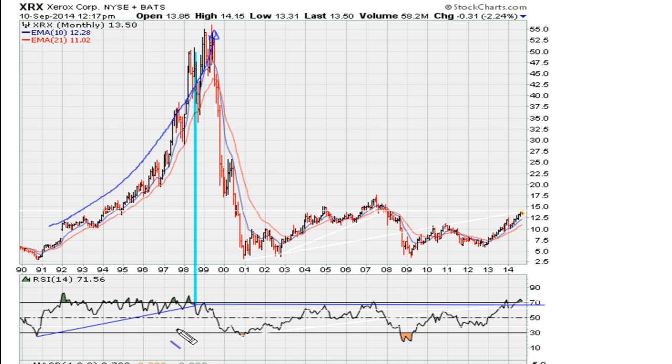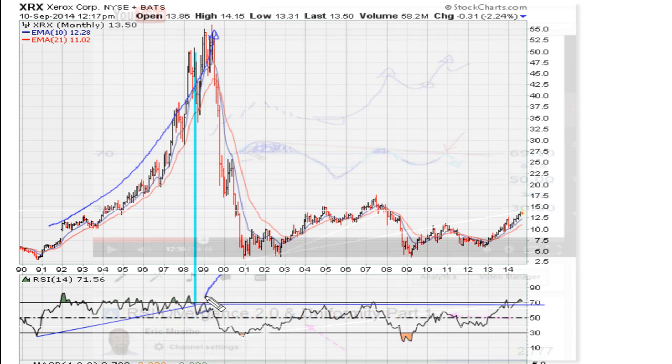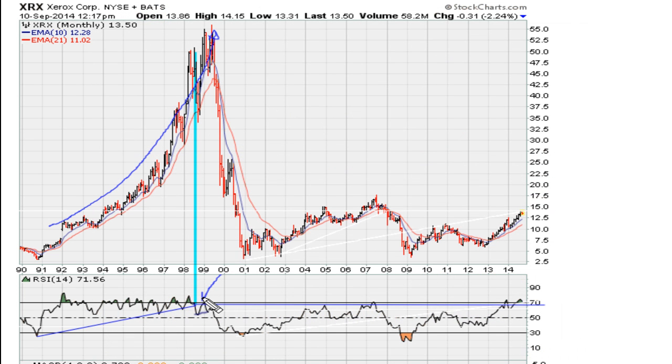Because now if you use uniformity, and I have lots of videos on YouTube about that, you'll see that the exact high in the stock comes when it fails to make a higher high on the RSI, as you can see, a lower low on the RSI, and yet it made a fresh monthly closing high. But you can see that it failed exactly at the previous breakpoint. The breakpoint is this blue line right there, and that was the high.